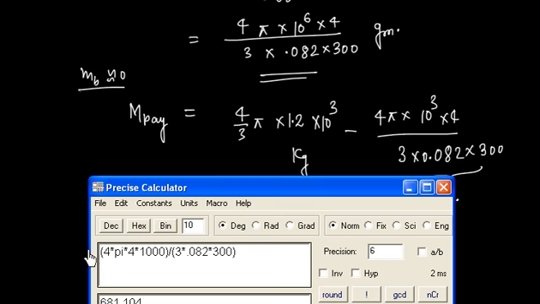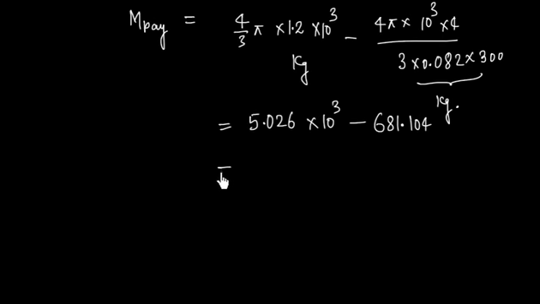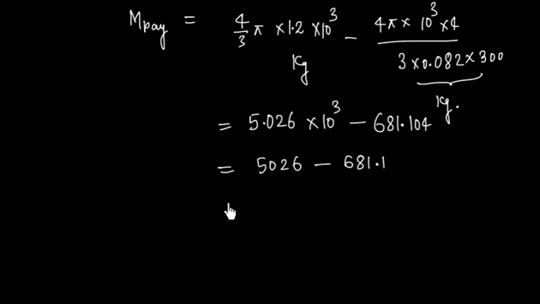So we have 681.104. If I subtract, 5026 minus 681 is 4345, and this is in kg.